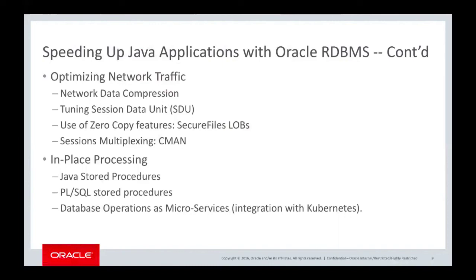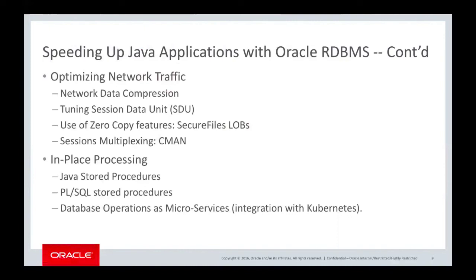The CMAN, not the new thing, but the old, classic CMAN or Connection Manager, has been around for a long time and does that. CMAN does two things, session multiplexing and security. It has a lot of security functionalities, such as denial of attack protection, keeping a white list, a black list, et cetera.